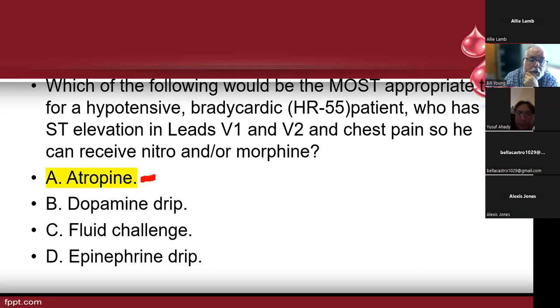If that doesn't work, what are you going to go to next? Pacing. Yeah, very good. Now depending upon the rhythm, you could indeed start with a dopamine drip or go with an epi drip to raise that up. Pacing is also going to be an option that you could bring into that patient. Okay, excellent.